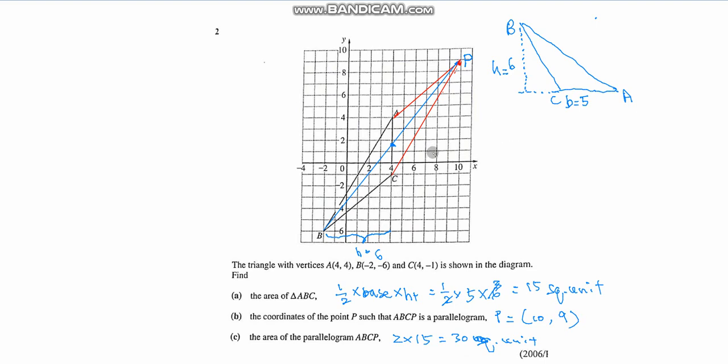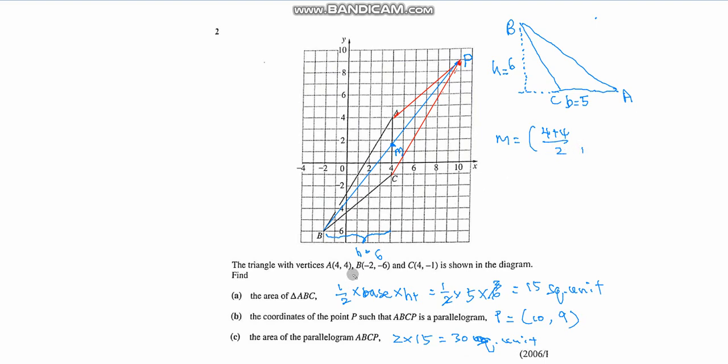Let's call this point M. The coordinate of M is the x values of A and C added together: the x coordinate is 4 plus 4 divided by 2.